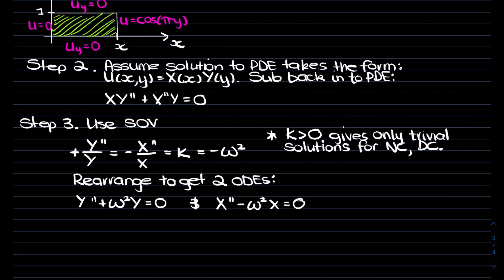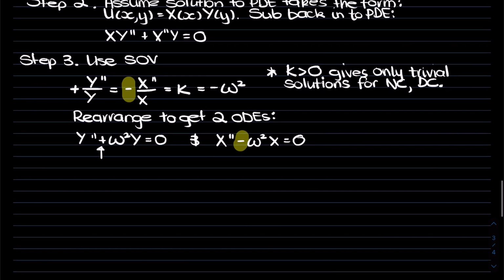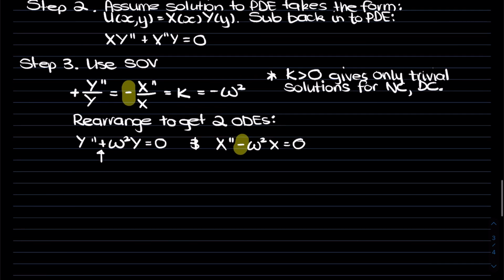The reason that we place the negative sign here with the x is because when we're rearranging, that eventually will give us this negative sign here with the x. And all that does is ensure that we actually have a positive sign with our y, because we're going to work on this first. That just means when we're doing the wave equation, the heat equation, and the Laplace equation, we're always doing the same things for at least the first half of our workings. It just ensures that we're less likely to make an error.